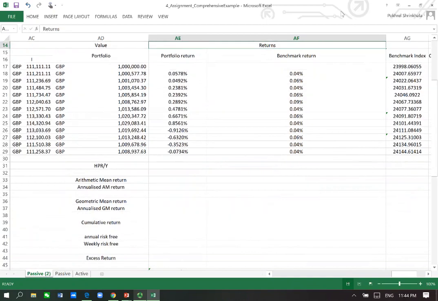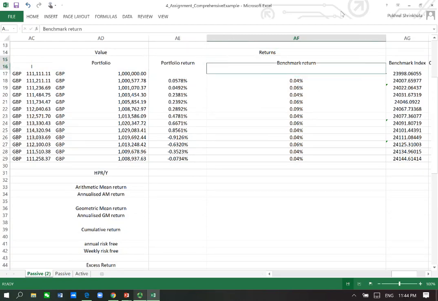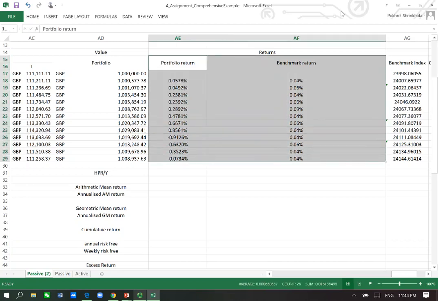So this is how I have been able to organize my portfolio return and my benchmark return. So therefore I now have these 2 columns ready to allow me to do different return and risk calculations.